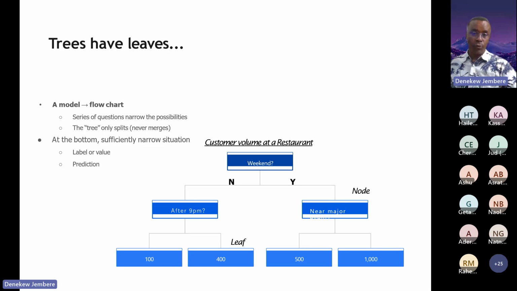So that's how you basically create such a tree. At the bottom, it provides you a sufficiently narrow situation, and then you either label the final leaf or set a value, and you can get a prediction value at the end at the leaf level.